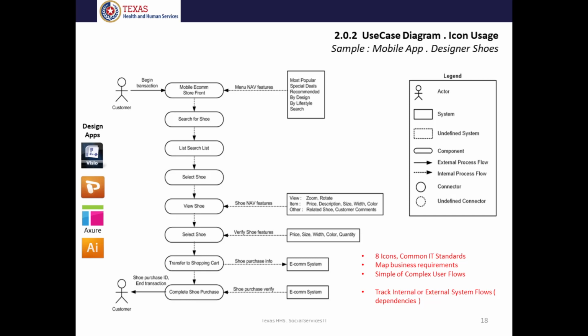Use case diagram design icons are shown on the right, which are the bare bones 8 icons derived from common IT standards. Why? Because we do not want to invent new icons. We want to leverage or reposition existing IT design icons already used by the industry for the past 3 to 4 decades.